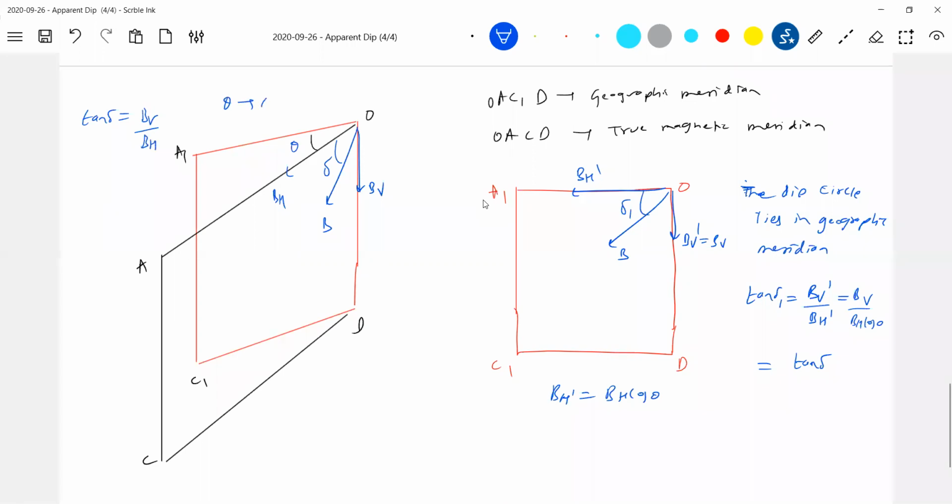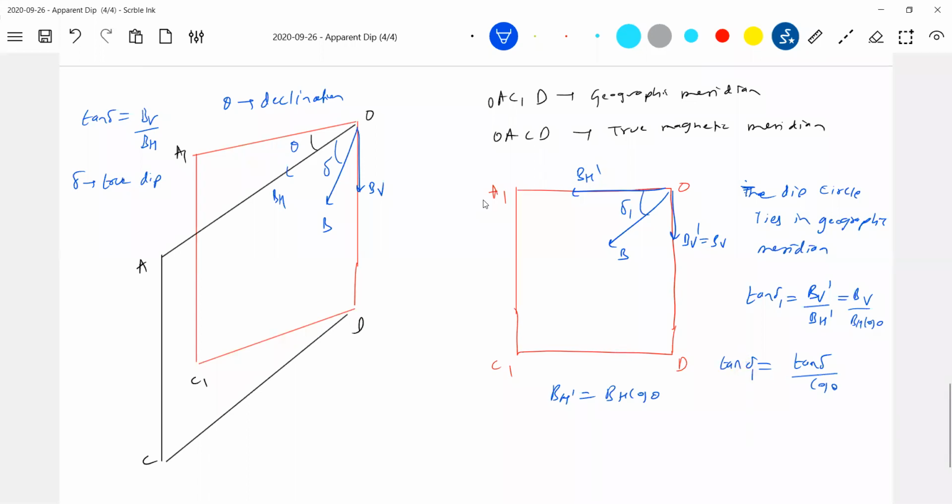And theta is called the declination, and delta is the true dip. So this will become tan delta dash, tan delta 1 by cos theta. Keep it here.